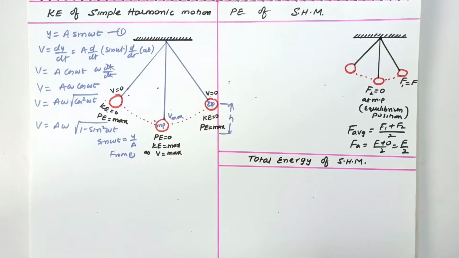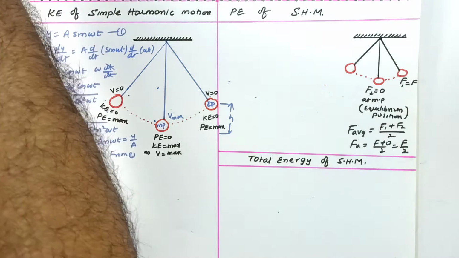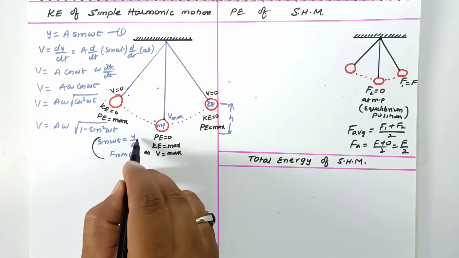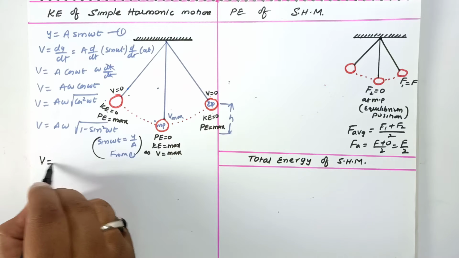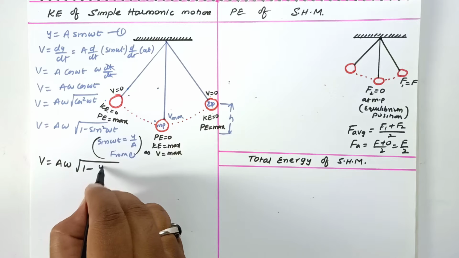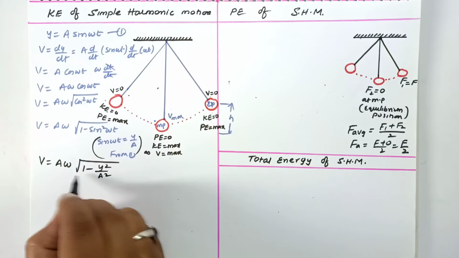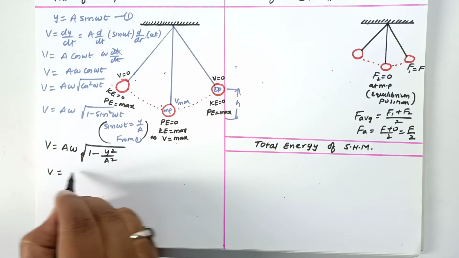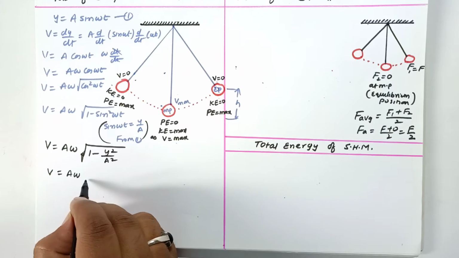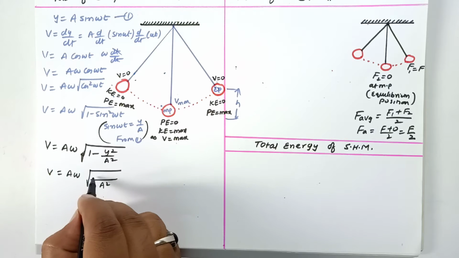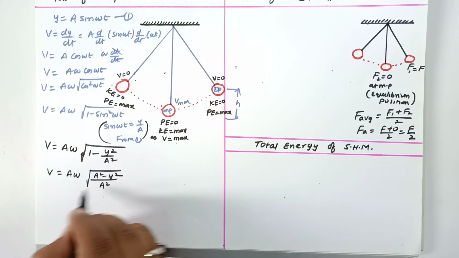Then if you substitute these values here, let us see what we get. So v is equal to a omega square root of 1 minus sin square omega t, which becomes y square by a square here. So v will become a omega square root of, taking the LCM as a square, a square minus y square by a square.